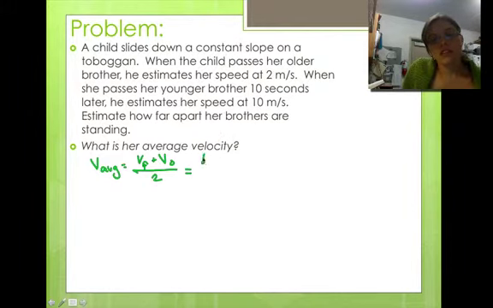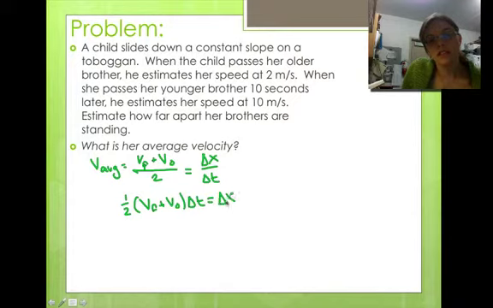It's also equal to the total displacement over the total time. So that is the definition of velocity. So if we simplify this, or just make it a little bit prettier, Vf plus V naught, and then multiply both sides by change in time, we get our second kinematic equation.